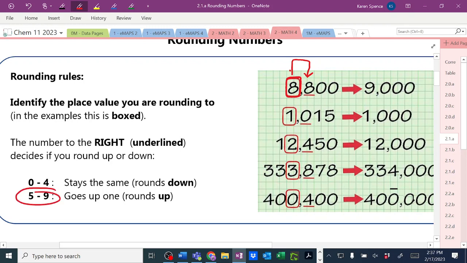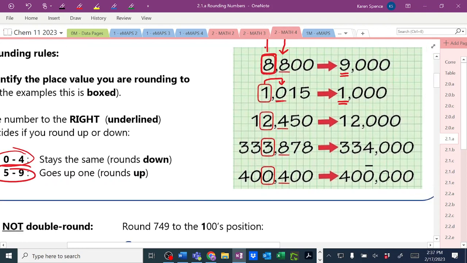That belongs in the category 5 to 9, and so I round up to 9,000. This should seem really straightforward. Does it? Yes, excellent. Okay, similarly, if I have a 1 and I look to the right and I see a number that's between 0 and 4, I will round down, or in other words, I'll just keep the number the same. It will stay as a 1.